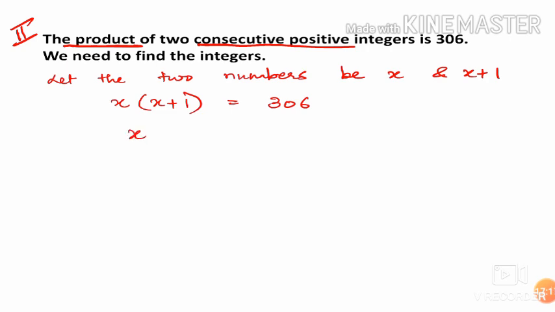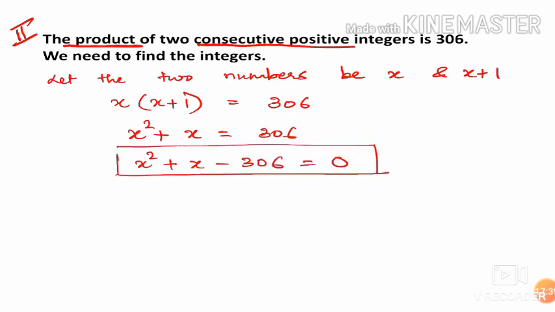So let's write it in the standard form. Multiplying the bracket with x. So x square plus x is equal to 306. So x square plus x minus 306 is equal to 0. Now this word problem is written in quadratic equation, which is in the standard form.